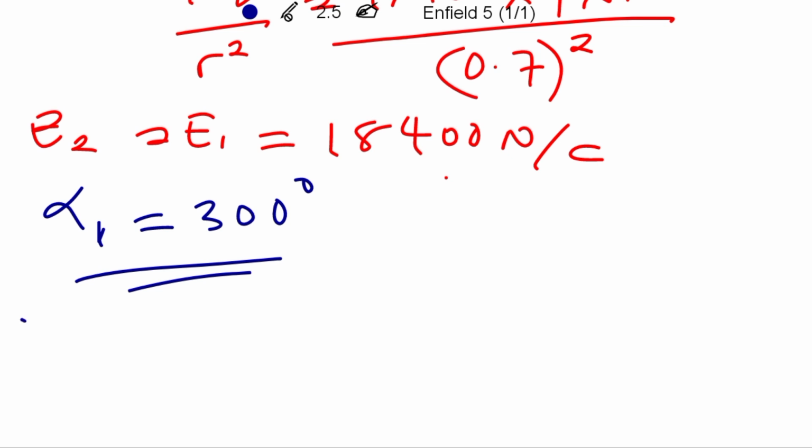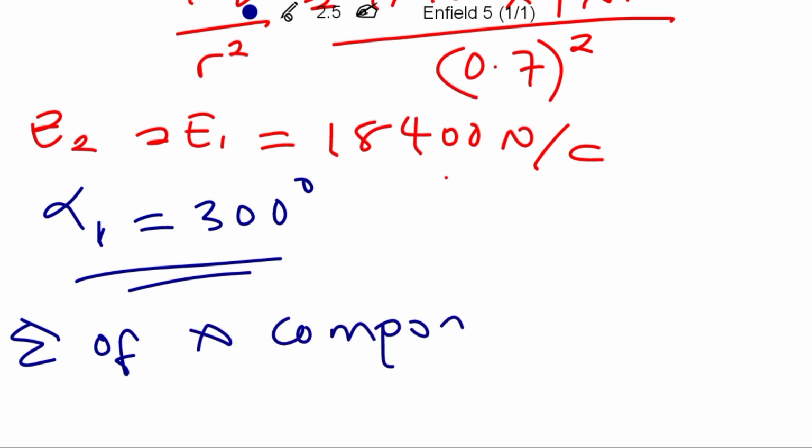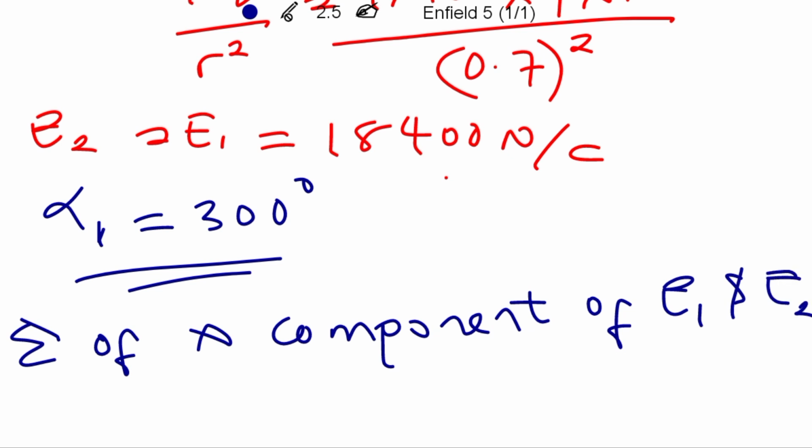To find the resultant, we say the summation of the x component of E1 and E2. That's what we're going to calculate now.